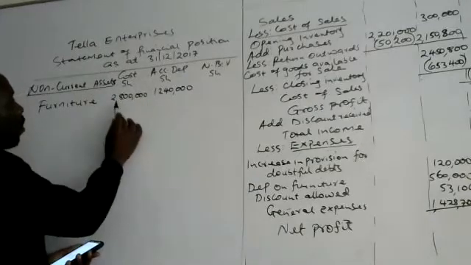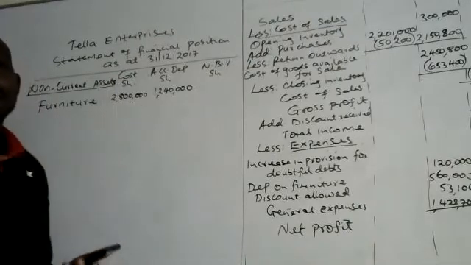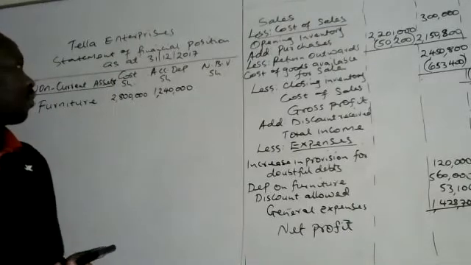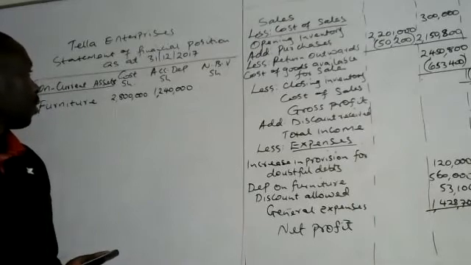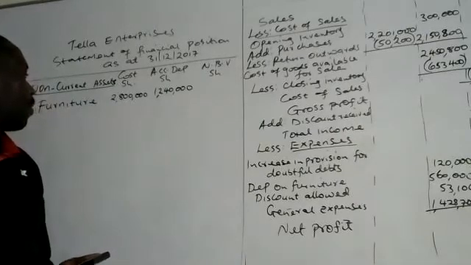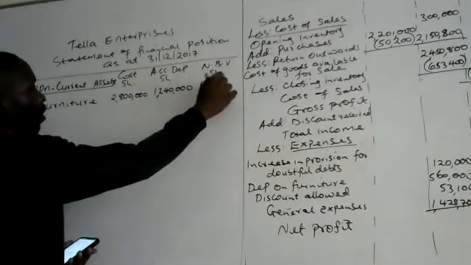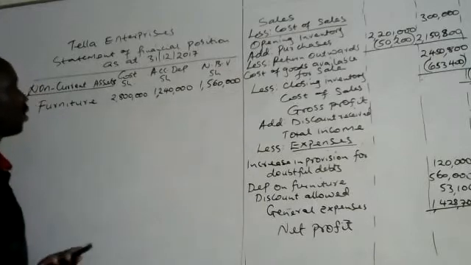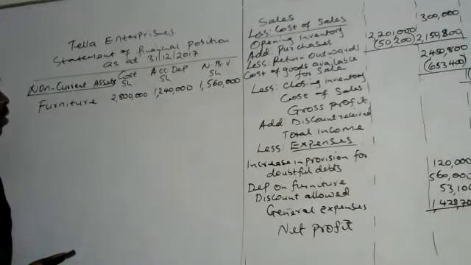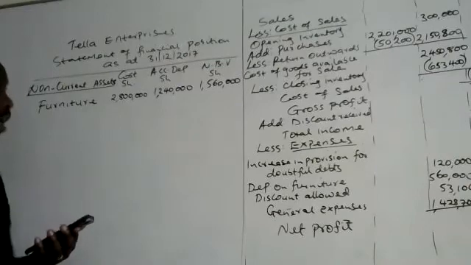And now the cost minus the accumulated depreciation will give you its current value as at this date, which is 1,560,000, and we did not have any other non-current asset.